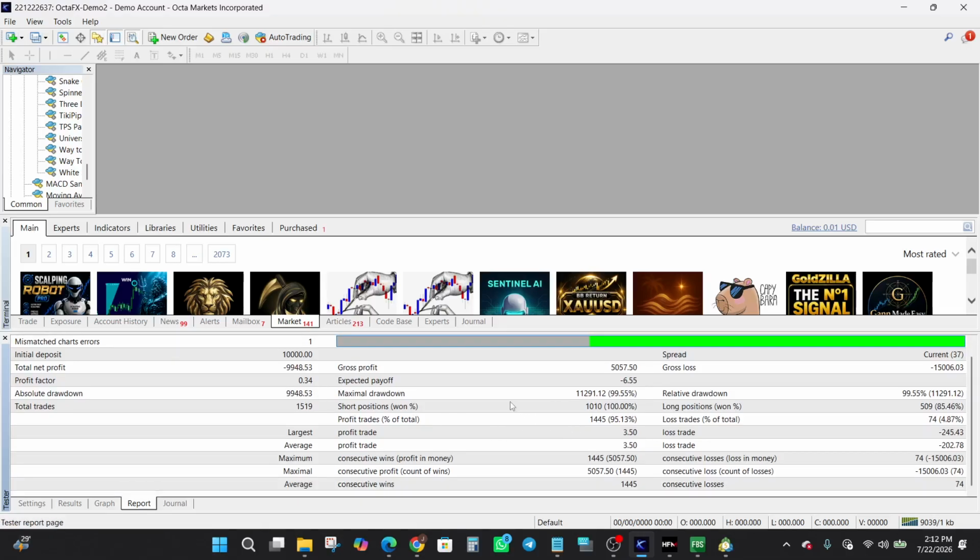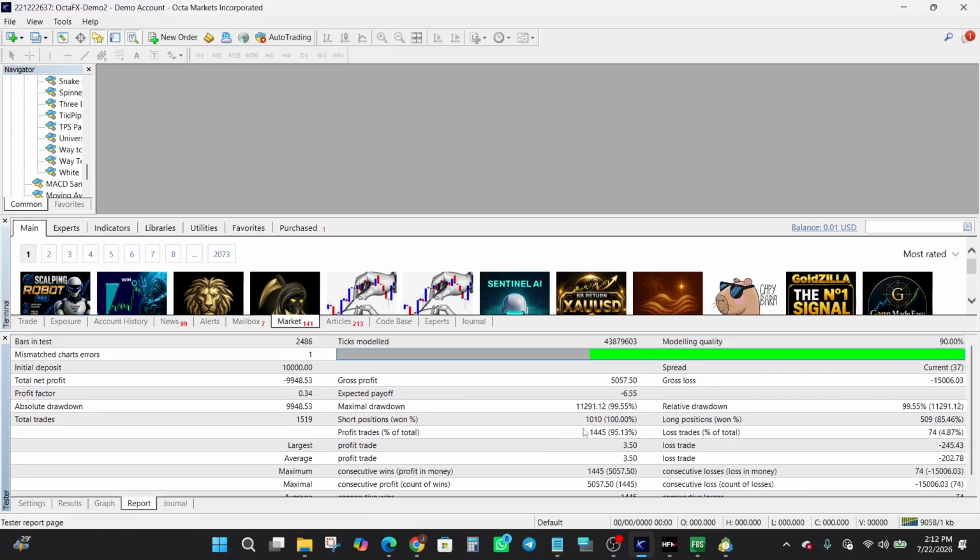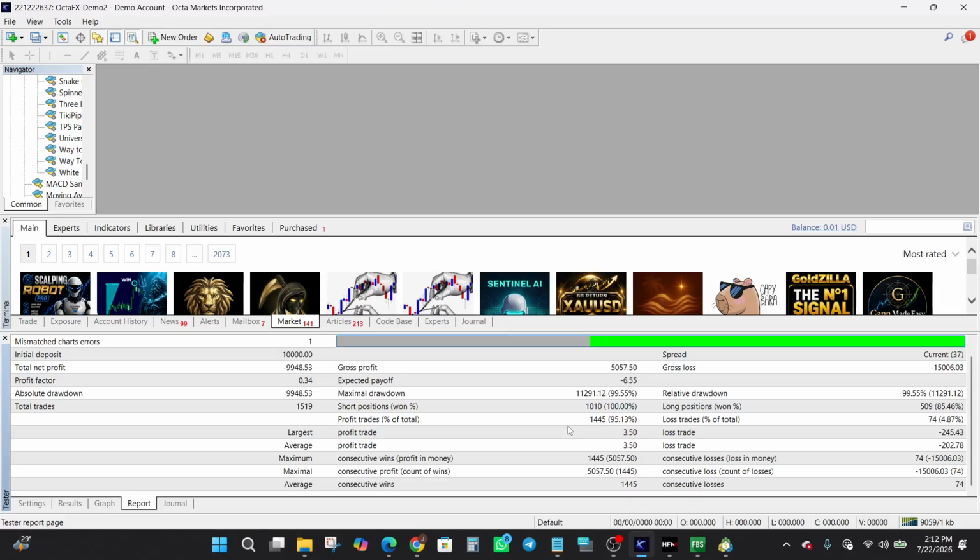Looking closer at the breakdown, the win rate appears exceptionally high. It's just so sad that the risk to reward ratio was not really considered. So from a trader's perspective, this asymmetric risk profile explains the overall outcome.